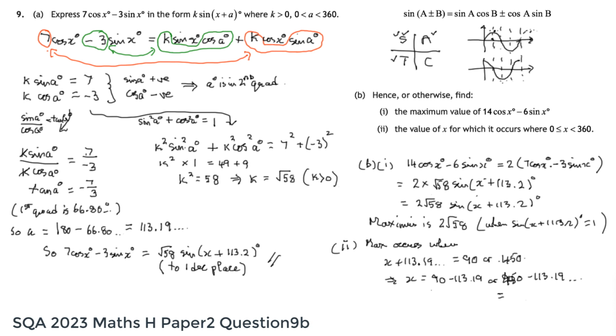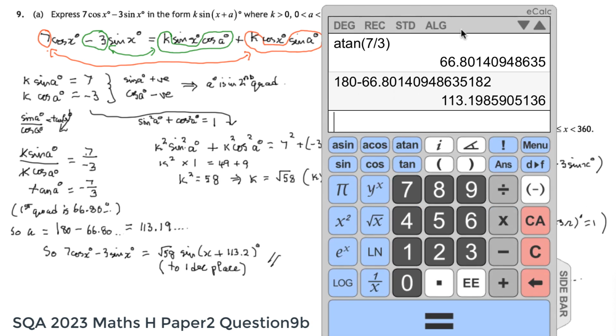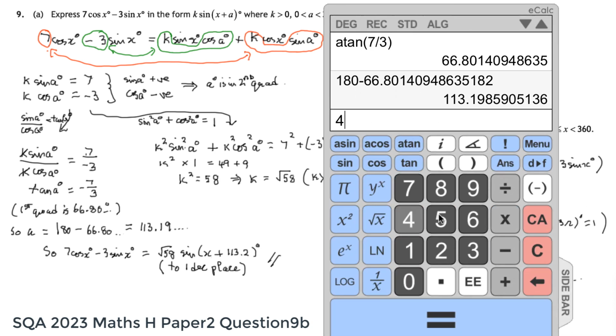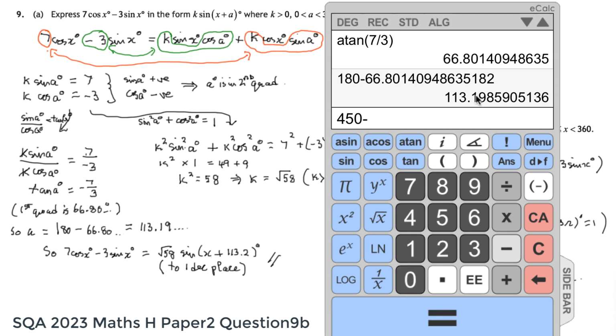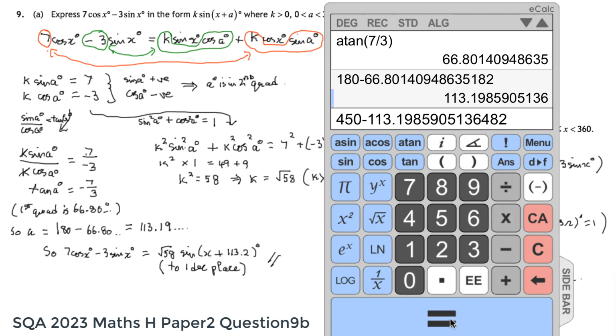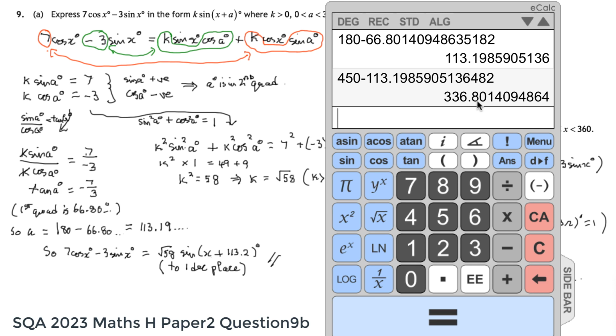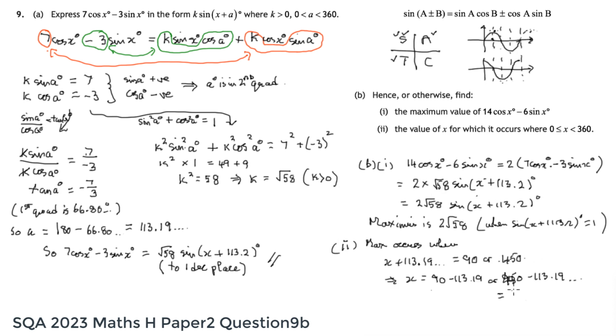Let's work out 450 minus this answer. That's 336.80. So the value of x for which it occurs between 0 and 360, not this one, it's this one. That's a whole 360 degrees on.